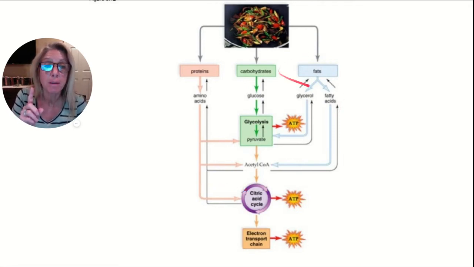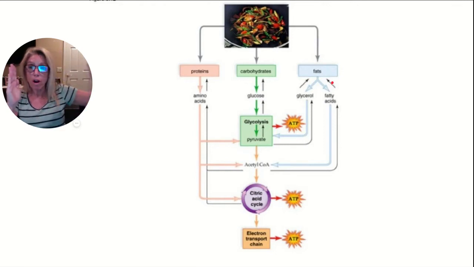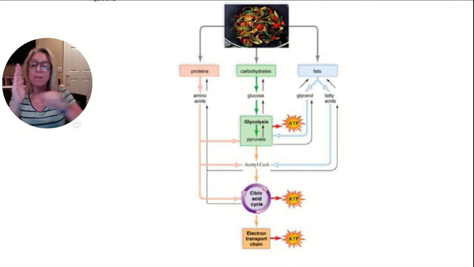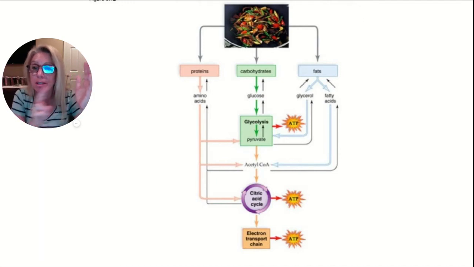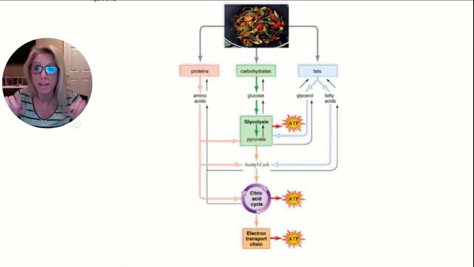Now, winner, winner, chicken dinner is about fats, okay? I want to remind you about fats. Remember, it's glycerol and those long fatty acid chains. Maybe they could be 18 carbons long, okay? Each of the fatty acid chains can be snipped into acetyl-CoAs. So if you have 18 carbons and acetyl-CoA has 2, there's 9 acetyl-CoAs per chain. And if you have 3 chains, that would be 27 acetyl-CoAs.